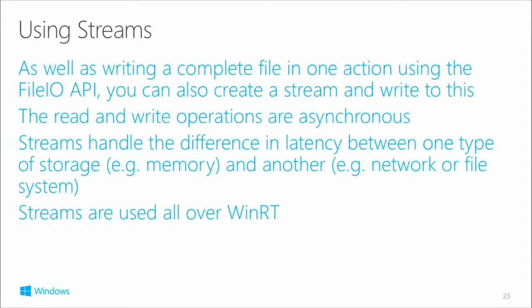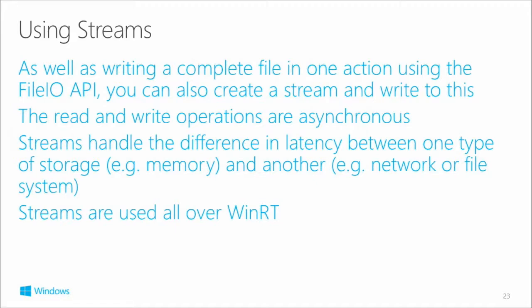So in addition to the simple strings, we can also use streams to write to files with FileIO. The key concept around streams is that they handle the difference in latency between one type of storage, the memory, and the other type of storage, the network or file system.